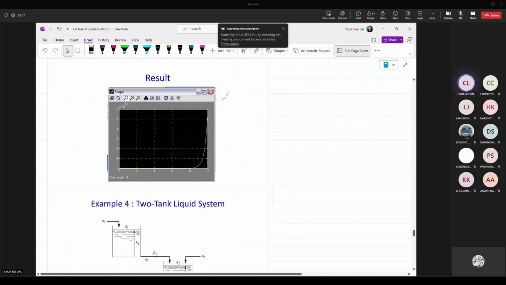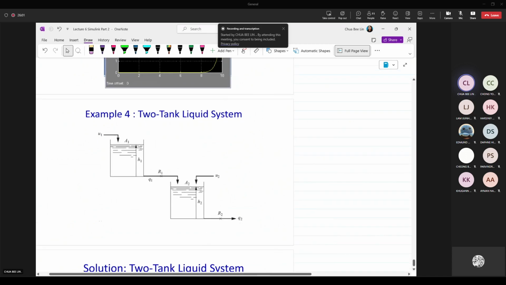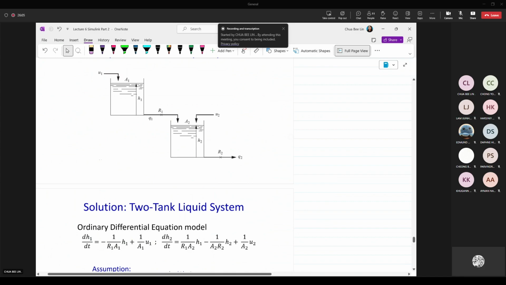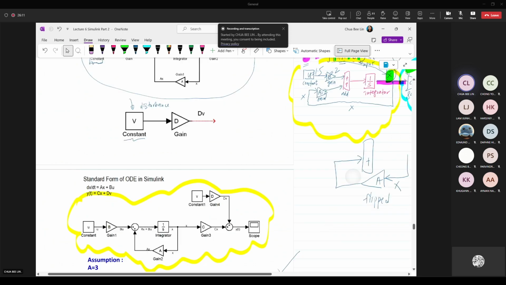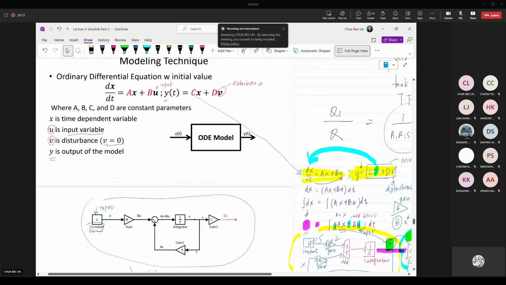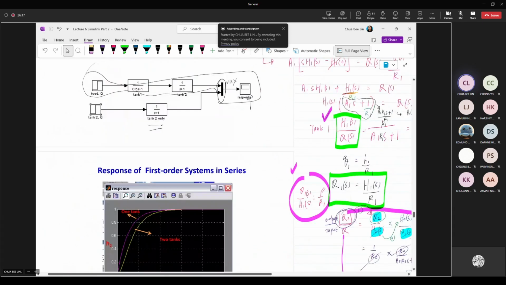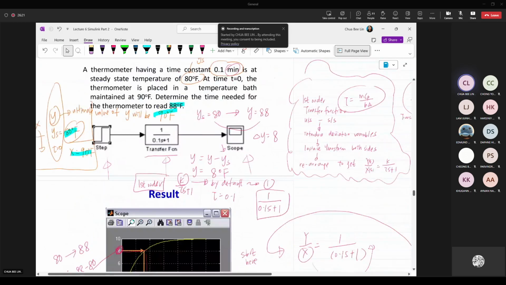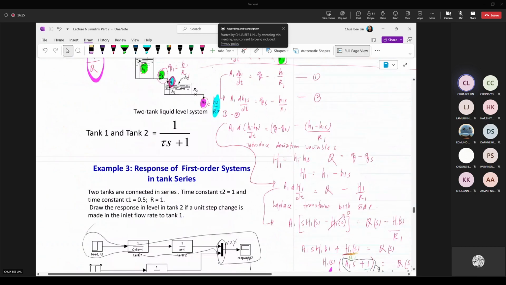Then example 4, 2-tank liquid system. Okay, this one we already solved using the method of transfer function. So I will go through it again. Just now we already have the 2 tanks in series, which is this one.